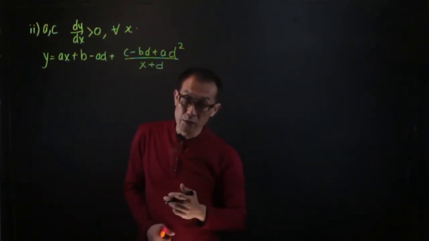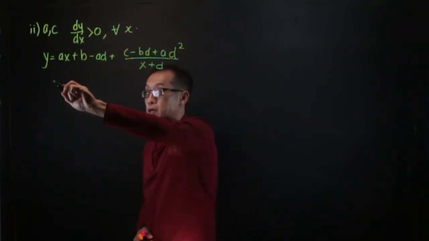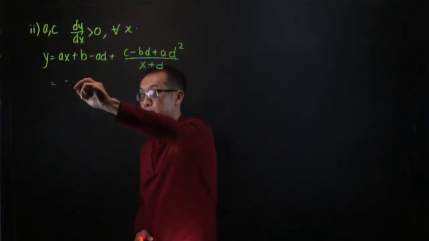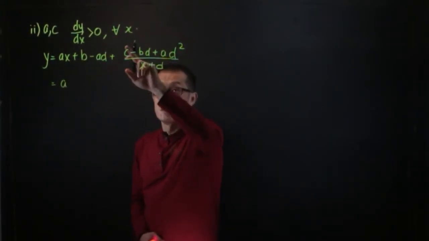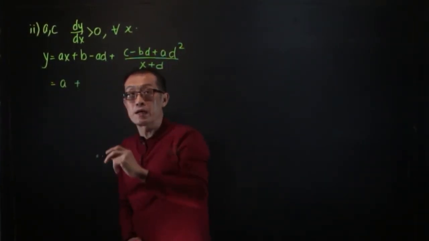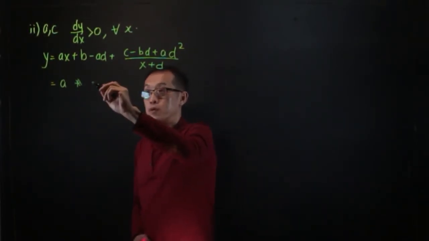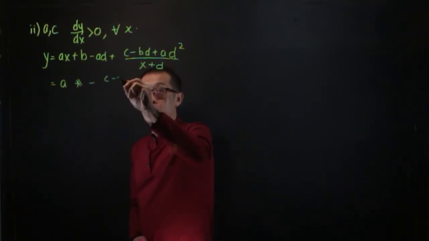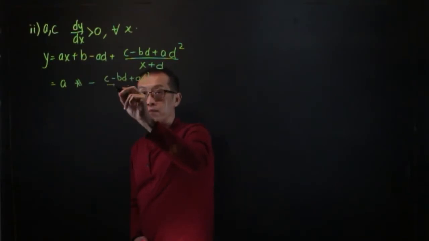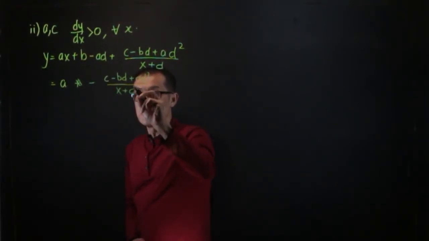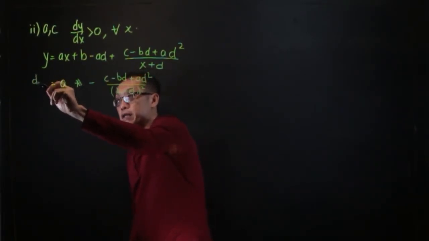To find dy/dx, we just differentiate this equation. We get a. Differentiating this is 0 because it is a constant. To differentiate this, you can apply the chain rule, over (x plus d) squared. This is dy/dx.